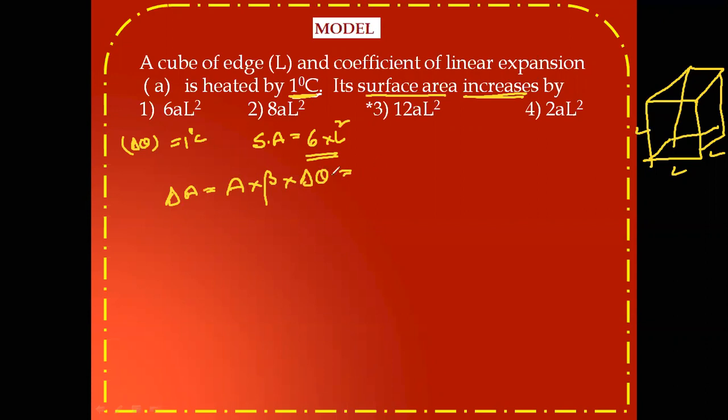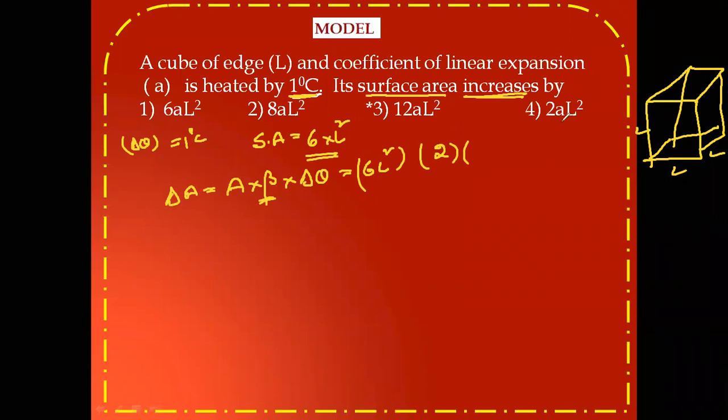The area is the surface area, 6 L square, into beta, which is 2 times the coefficient of linear expansion.